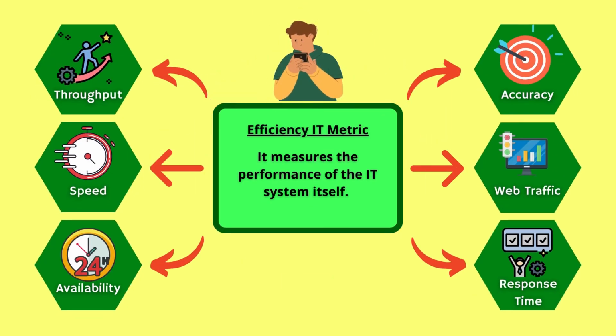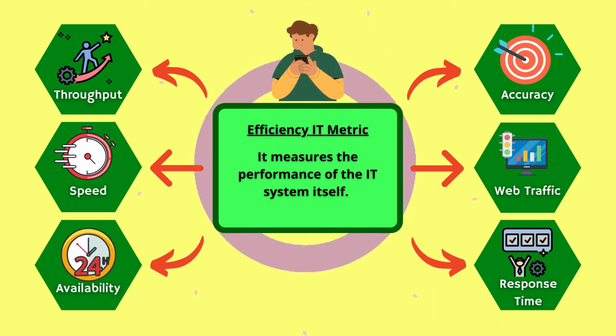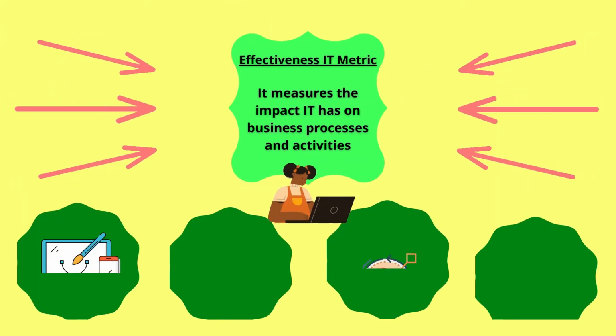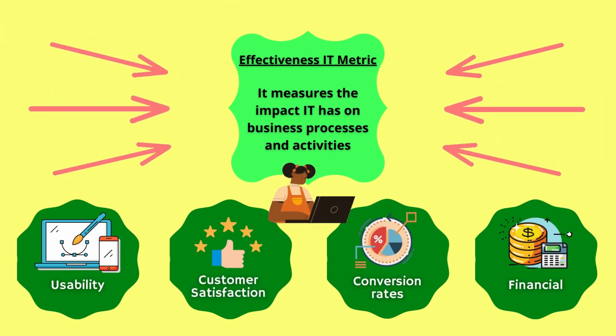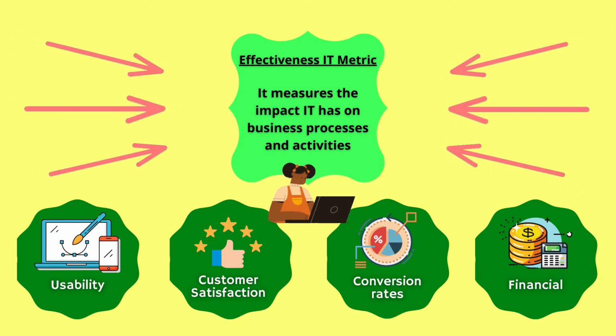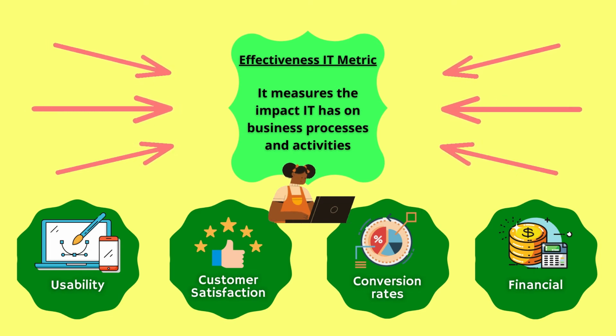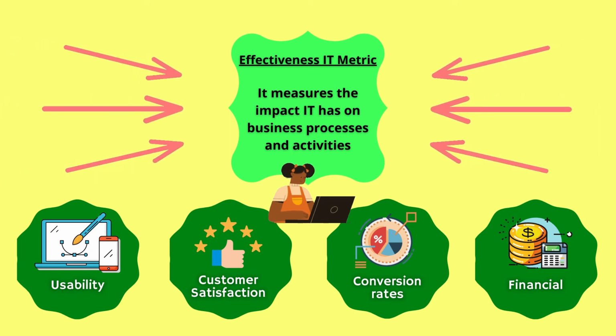Efficiency IT metric measures the performance of the IT system itself, including throughput, speed, availability, accuracy, web traffic, and response time. Effectiveness IT metric measures the impact IT has on business processes and activities, including usability, customer satisfaction, conversion rates, and financial.